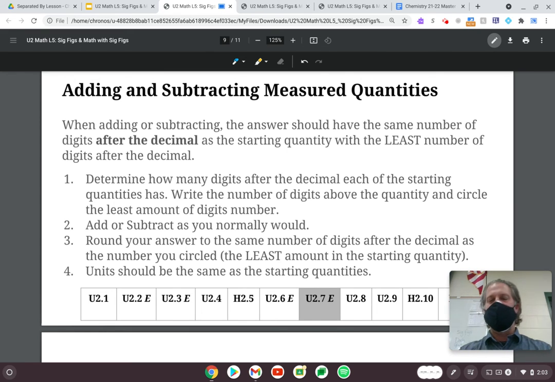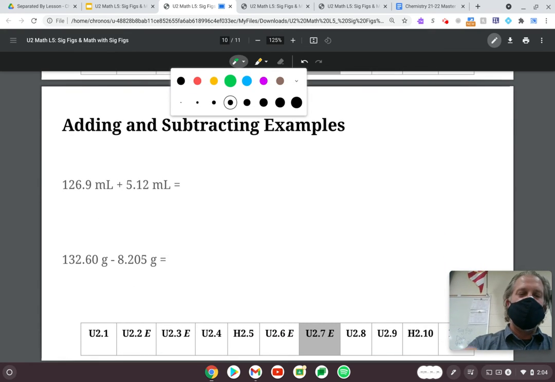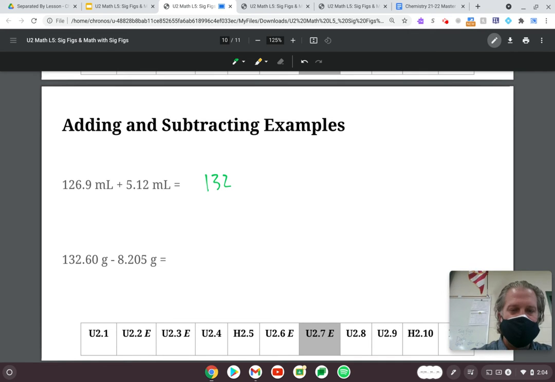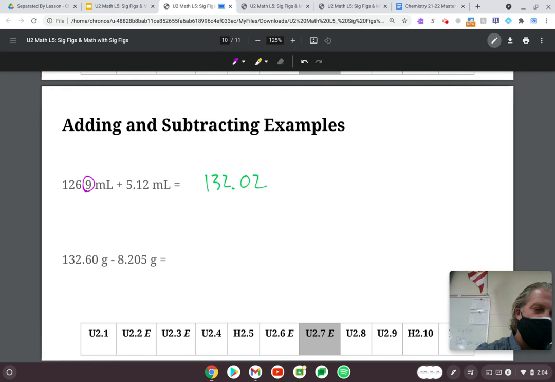So that looks something like this. 126.9 plus 5.12. So handy dandy calculator, 126.9 plus 5.12 gives me an answer from the calculator of 132.02. Now, going back, I see that I have one digit after the decimal, or one decimal place, right?